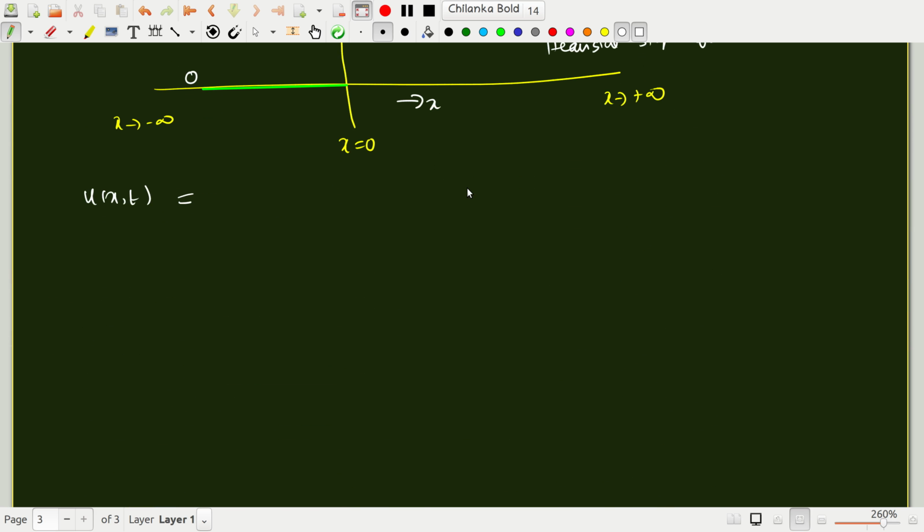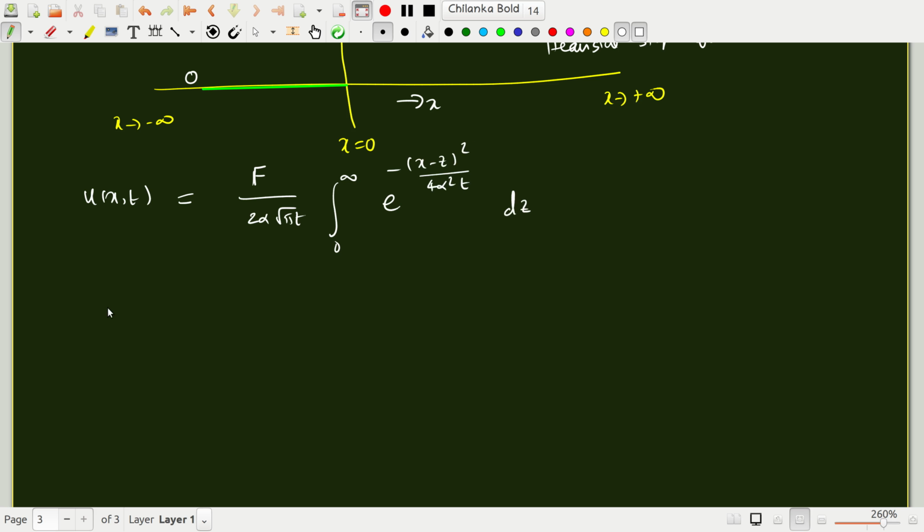So u of x,t is nothing but 1 over 2 alpha root pi t, 0 to infinity. Now F can be pulled out, that's a constant, so e to the minus (x minus z) the whole squared by 4 alpha squared t dz.